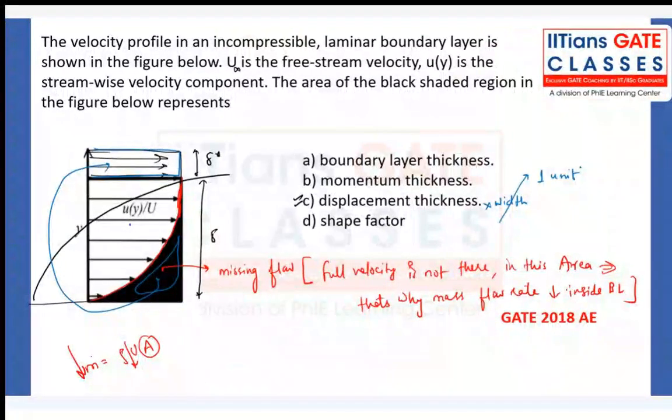So what is the reduction in the mass flow rate? If somebody asks you, you can write: rho into U infinity into delta star into width.